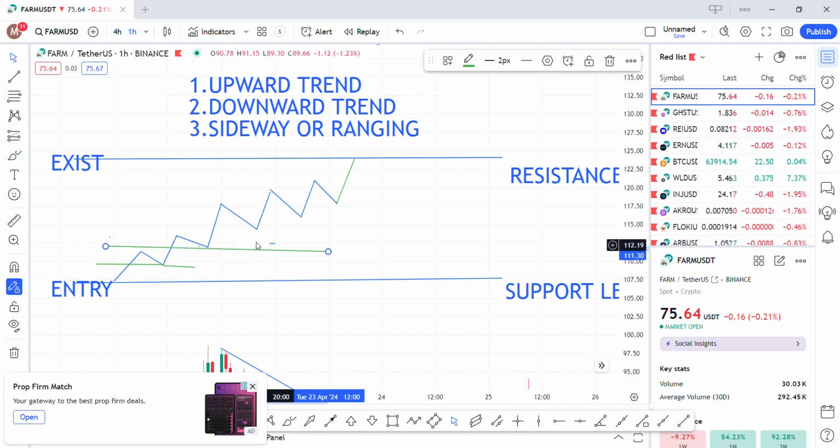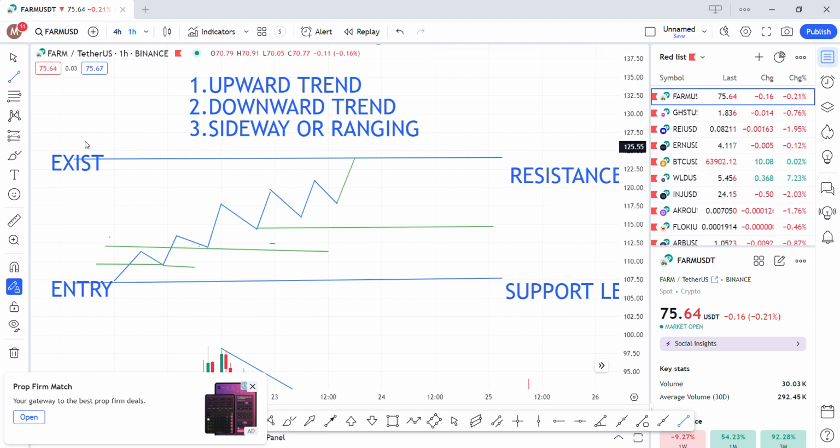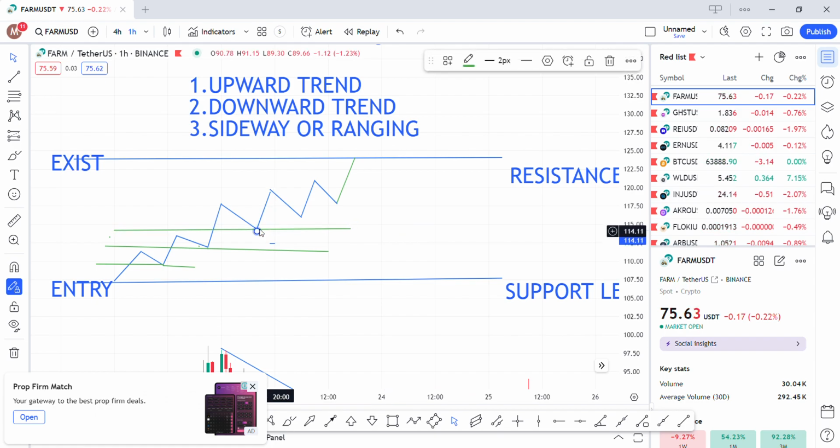And you see another support level, right? Let me just draw and drag it. So you see, you keep doing this. This was a support level, isn't it? This one means resistance. So this one is resistance 1.